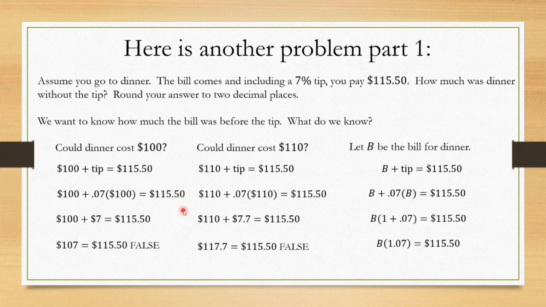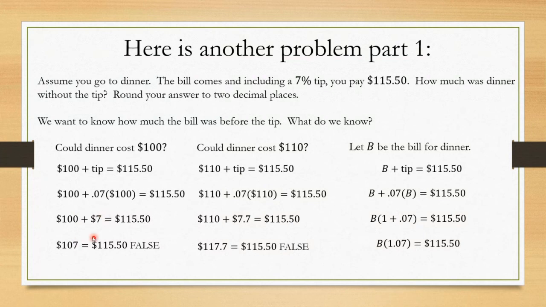$115.50. Right? Remember here, the $115.50, that's the bill including the tip. We want to know what the bill was before the tip. But what is this actually equal to? Well, we have $100 plus, this turns out to be $7.